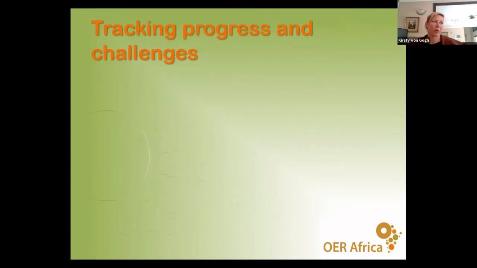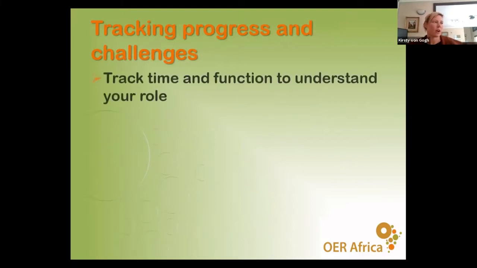I've put in tracking progress and challenges, just because I feel like it's really important to understand what is necessary to implement OERs at a university, because people have found that student outcomes are as good as or better with open content versus traditional materials.